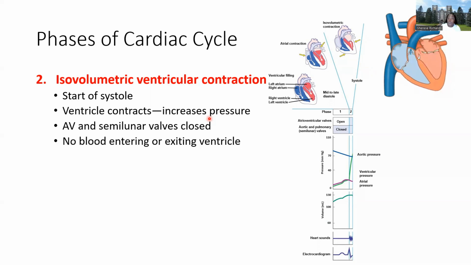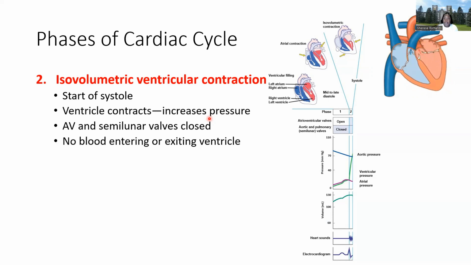The AV valves are closed, semilunar valves are closed, and it's a very short period between the time that the ventricular pressure is rising. Remember that we said in order for blood to move and the valve to open, the pressure in the preceding chamber has to exceed the pressure in the next chamber.